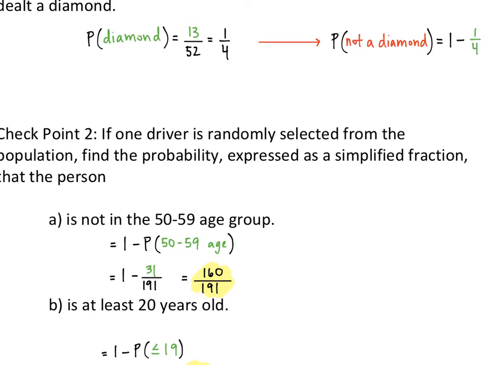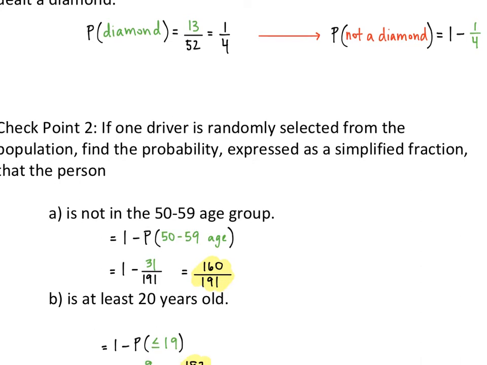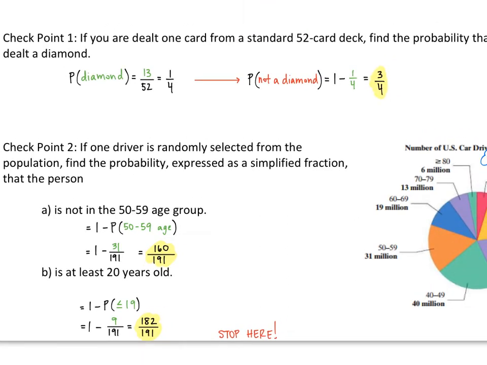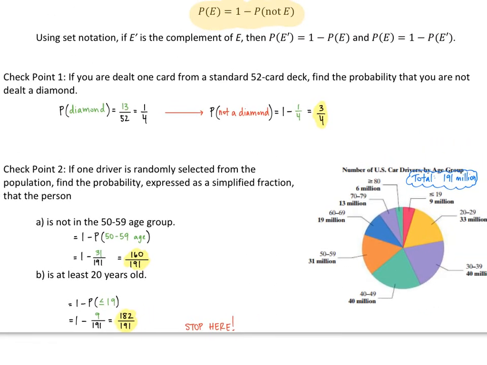Then I could find the likelihood of being at least 20 by simply taking that probability of less than or equal to 19 and subtracting it from 1. So if we do that, I get 1 minus 9 over 191, and we get 182 over 191, and that doesn't simplify any. Again, we're just looking at this chart over here to get all of this information.